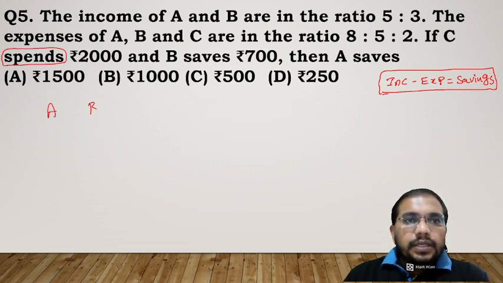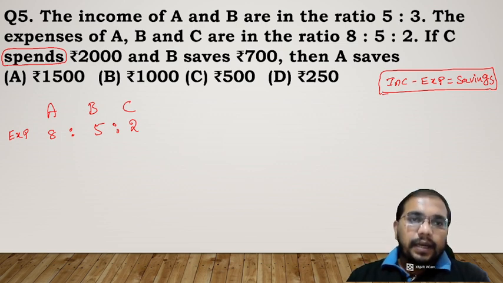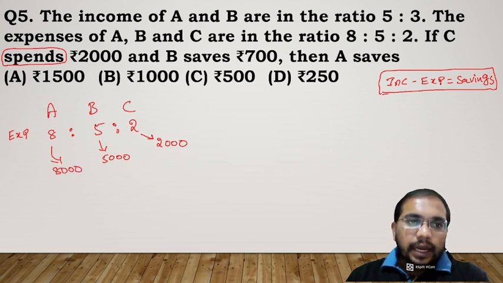A, B, C expenditures ratio 8:5:2. What does this mean? A spends 8 parts, B spends 5 parts, C spends 2 parts. But these 2 parts are how much given? 2000. Then these 5 parts must be 5000. And these 8 parts must be 8000.